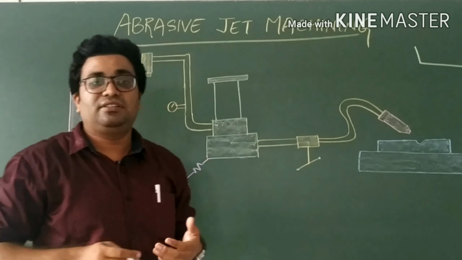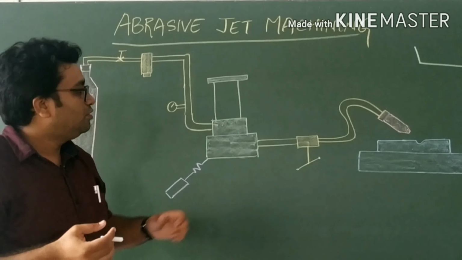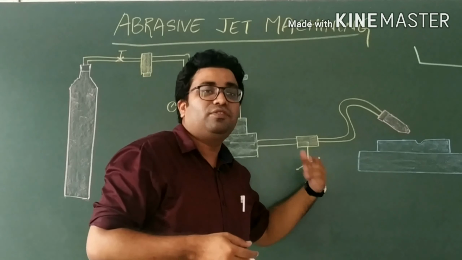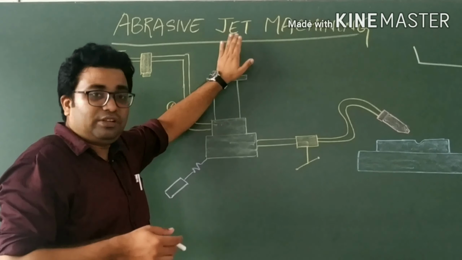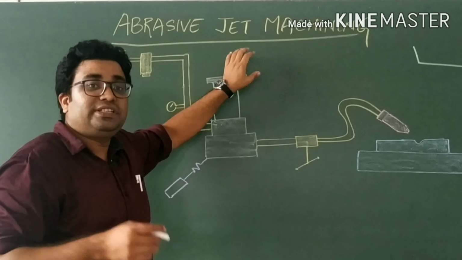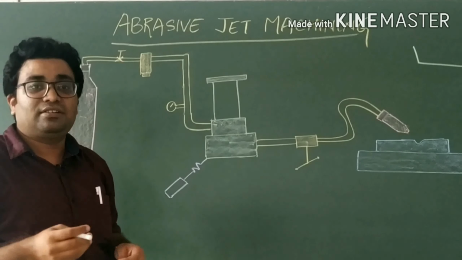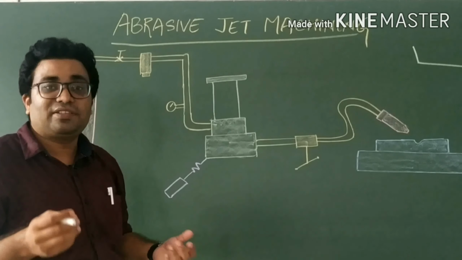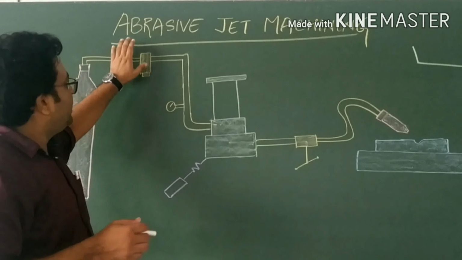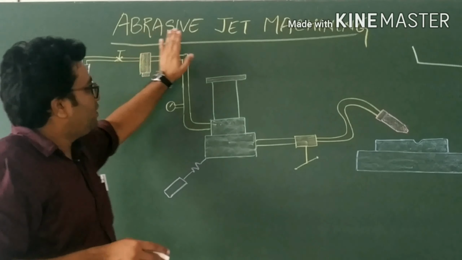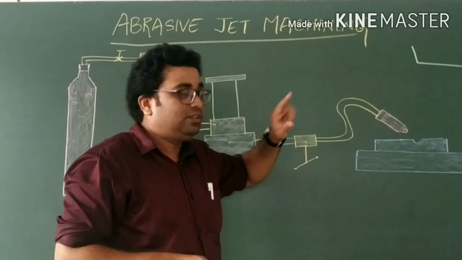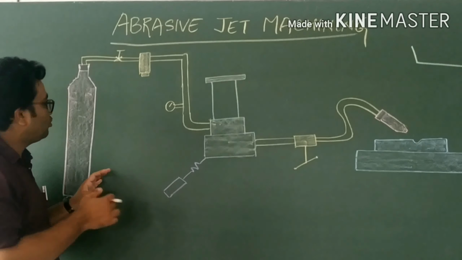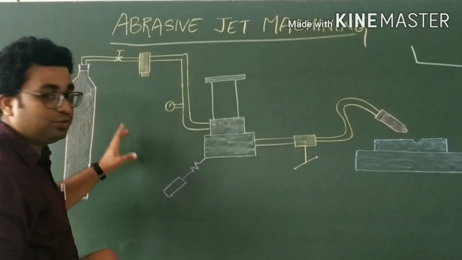Abrasives are harder particles which are used as a tool for removing metal from the workpiece. And the jet is a small orifice which increases the velocity of the air or gas which passes through it. In this process we use the abrasive and the jet combined for the machining process. Now let's see the equipment and tools used.